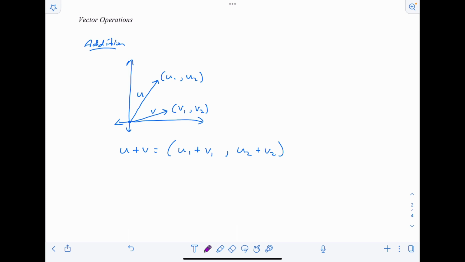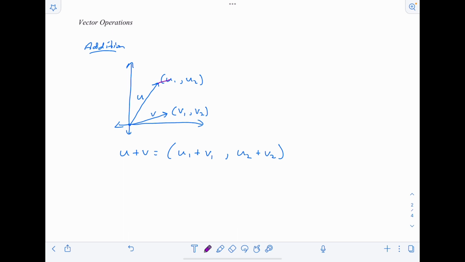All right. So in the diagram, what this actually represents is this idea that if I take v and I'm going to slide v up to basically a parallel position, but so that its tail, its initial point, is at the terminal point of u. We call this tail to tip. This idea that we're moving one vector to the other, because if I add those two vectors together, the result is this vector right here.